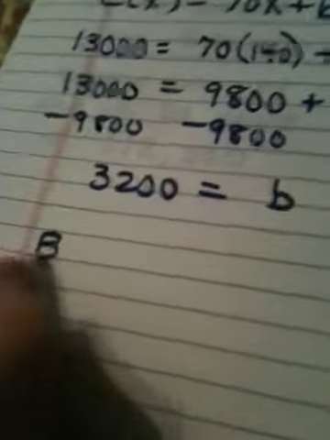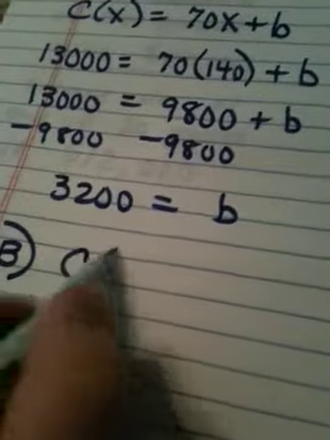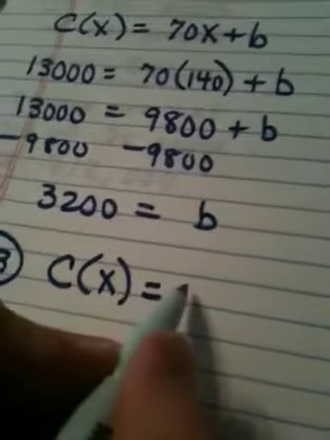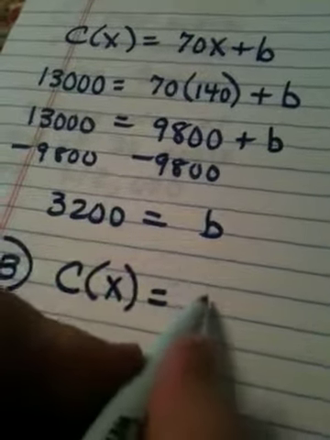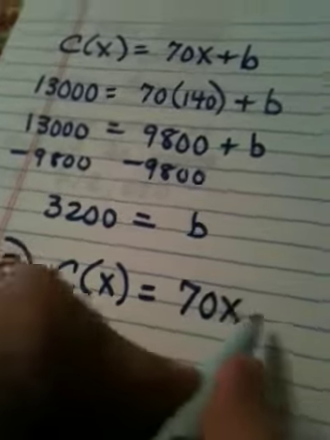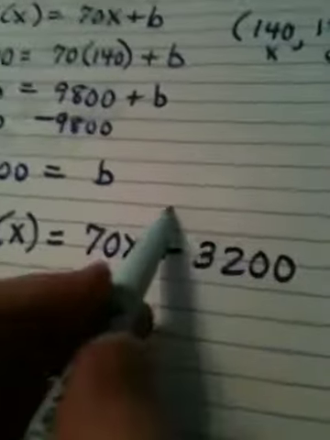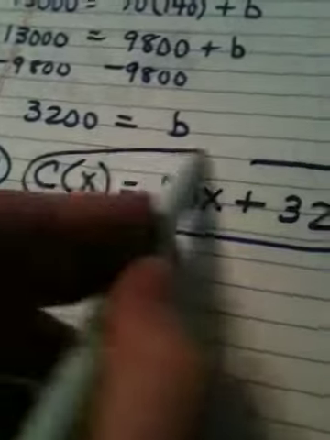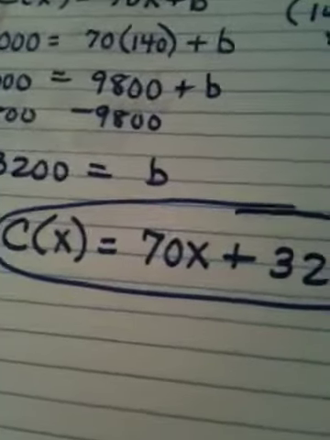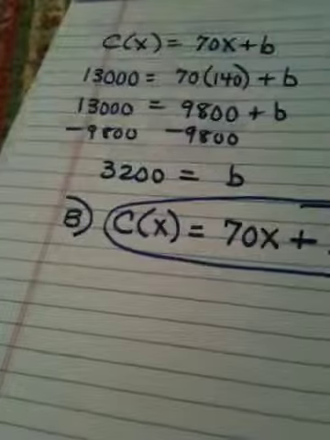So my cost function is mx plus b, which would be 70x plus 3,200. That is my cost function, okay? Now, that's part B.